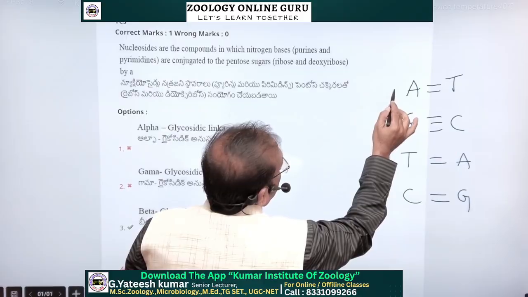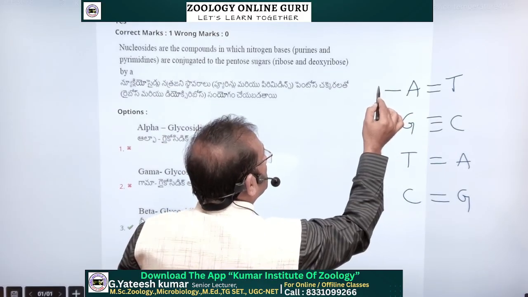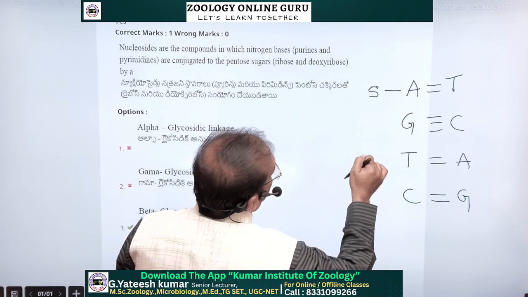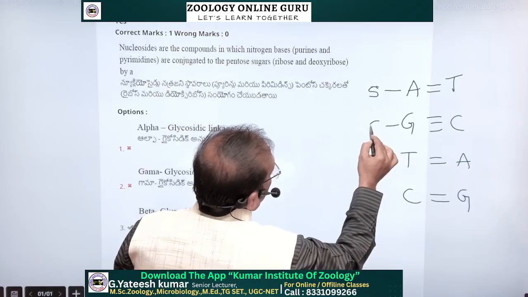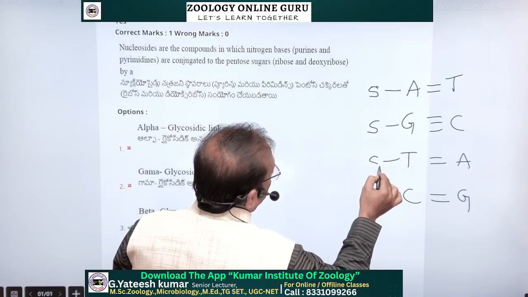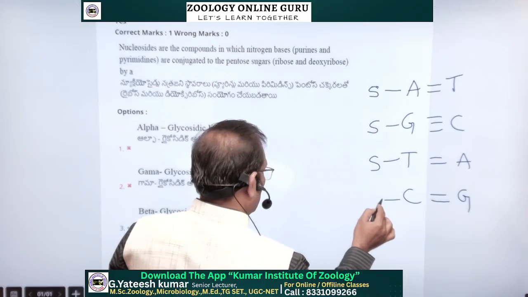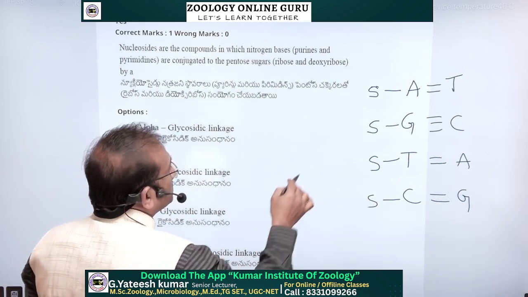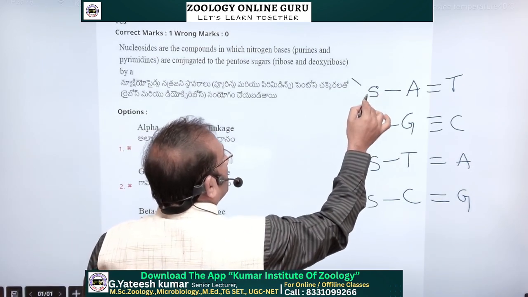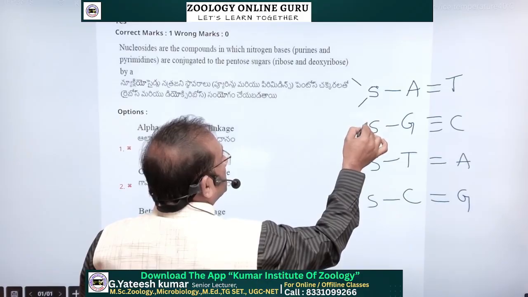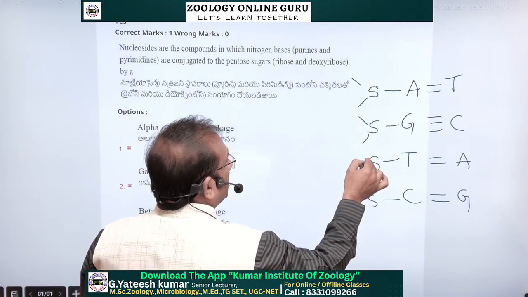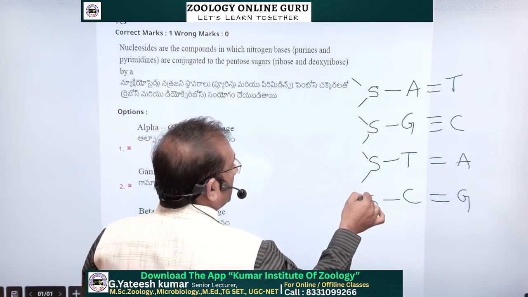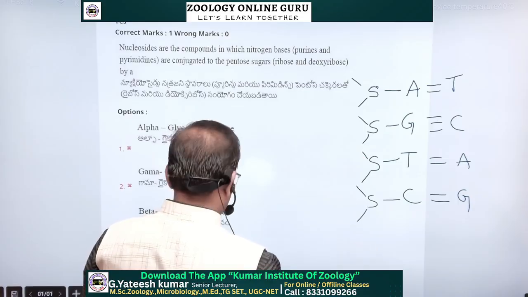This is the adenine. Here sugar, and also sugar. 5 prime and 3 prime, 5 prime, 3 prime, 5 prime, 3 prime.